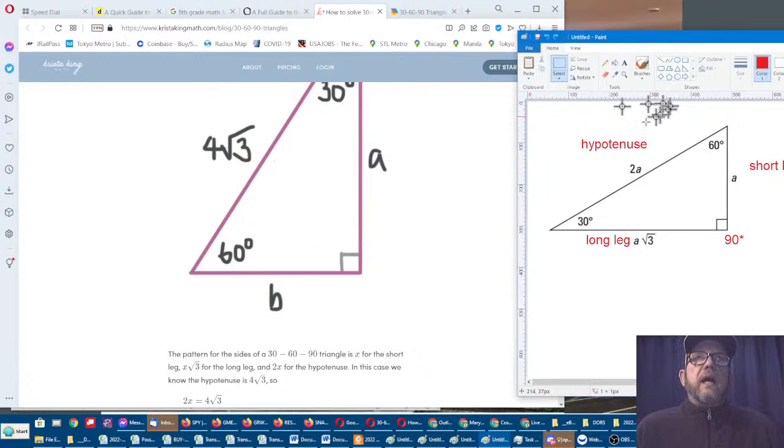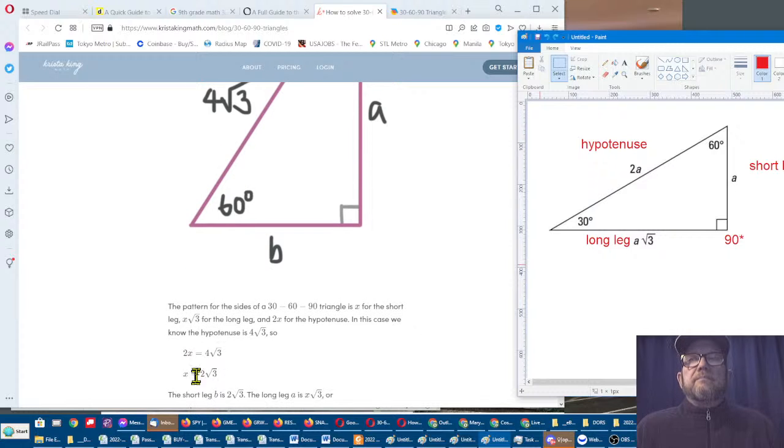If this is the hypotenuse, so basically, if you look at this formula, remember, the hypotenuse is double your short leg.